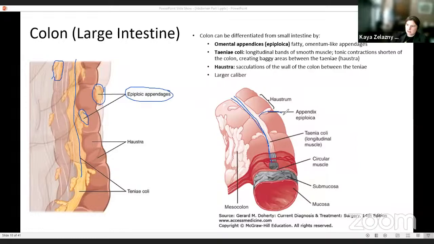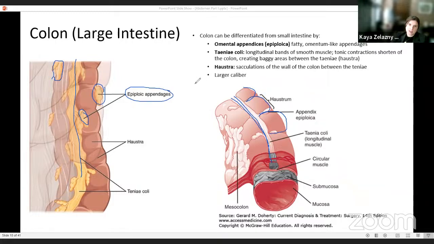We create these little bags as we contract this, and it wrinkles, so you'll actually see the demarcations of these little segments, these little bags. Those are called the haustra. So the name of this longitudinal line is the Taenia coli, and the haustra are these little sacs that are formed when it contracts as it folds in.